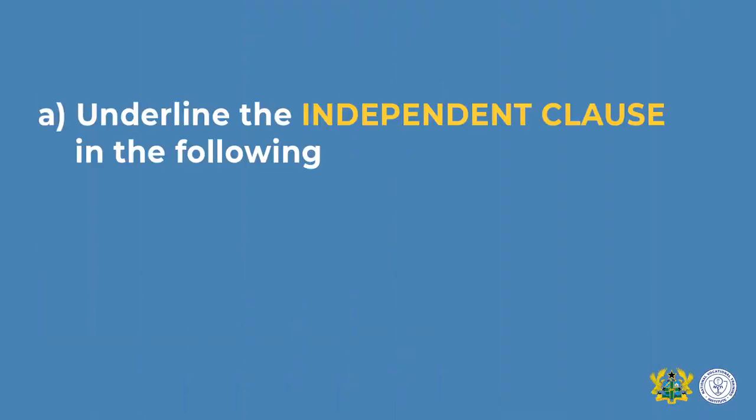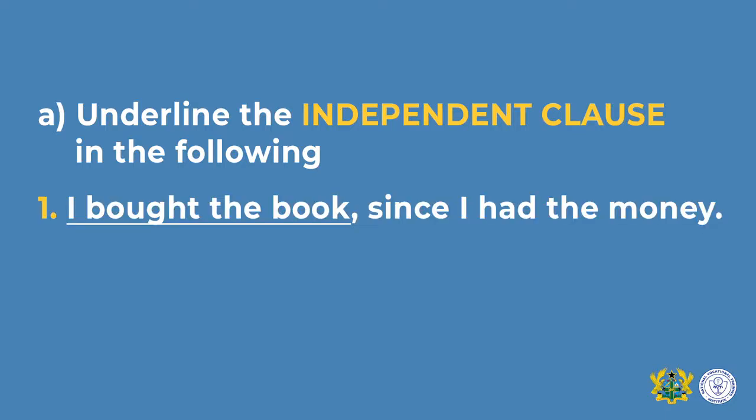I'm back. Let us look at your responses and work together. The first part was, underline the independent clause in the following. 1. I bought the book since I had the money.